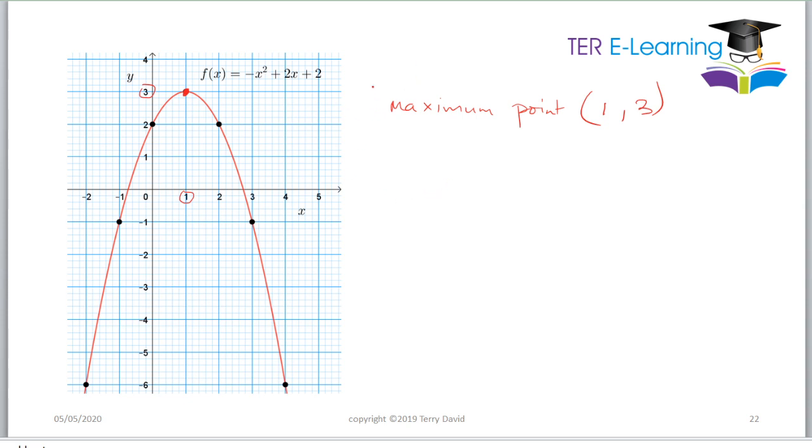The next thing they can ask you, we're talking about a maximum point here, right? So what is the maximum value of f of x? The function here is minus x squared plus 2x plus 2. So what is the maximum value of f of x?